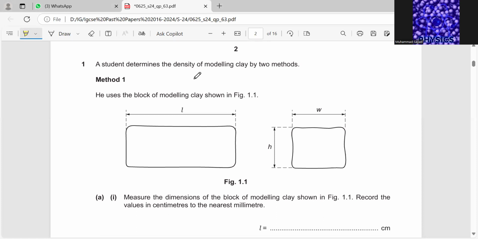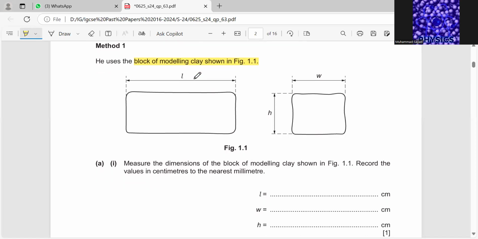A student determines the density of modeling clay by two methods. Method 1: he uses the block of modeling clay as shown in the figure, and we are supposed to measure.